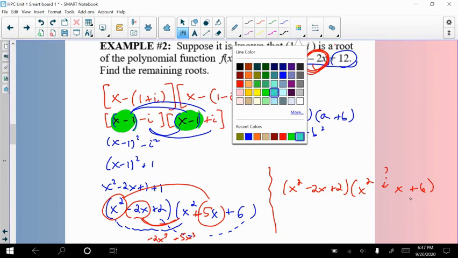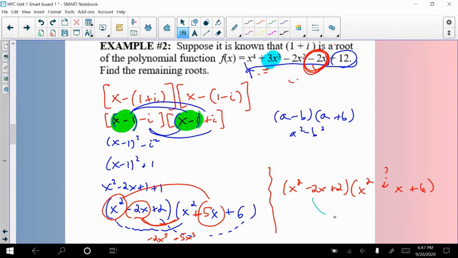Well, right now I have negative 2x times 6, so that's giving me negative 12x. But remember, I want negative 2x. So where else are the x's coming from? 2 times whatever I put here. Well, if I put a plus 5, 2 times 5, oh, that's plus 10x.